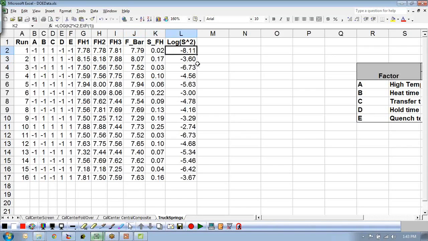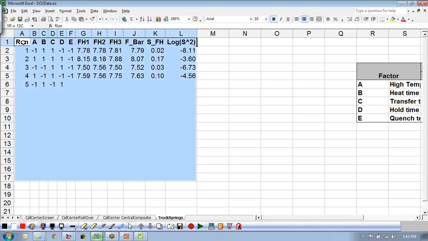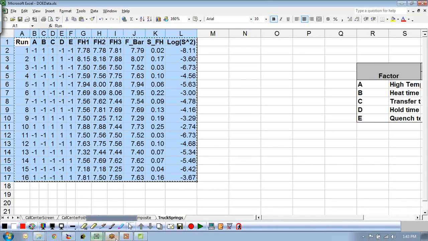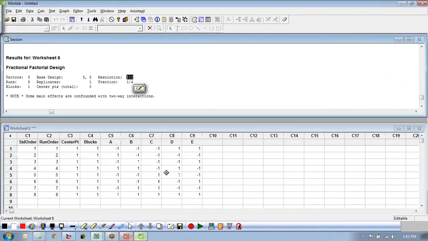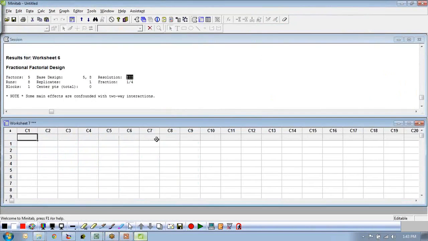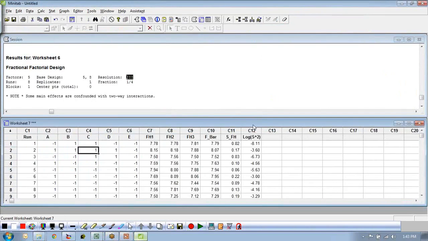And so for this one, we use something called loss function, and we try and minimize the log of the standard deviation squared. I won't go into that theory, but I just want to point out that you can use different responses than just the average or just the signal. You can minimize variation. DOE is great for that.